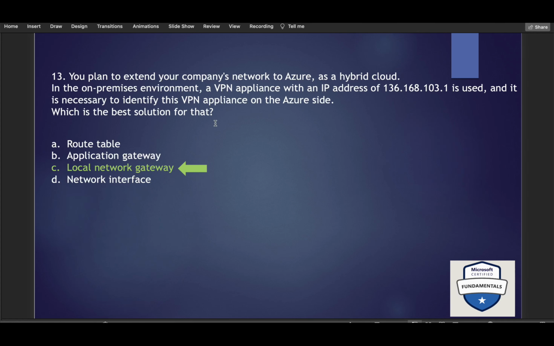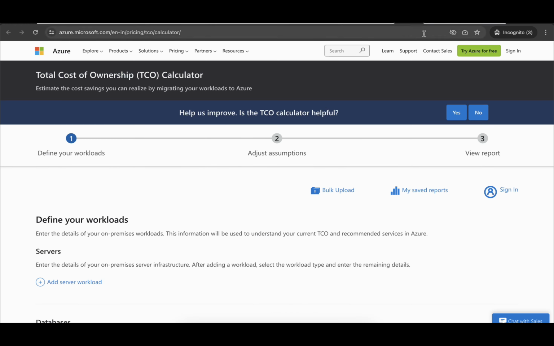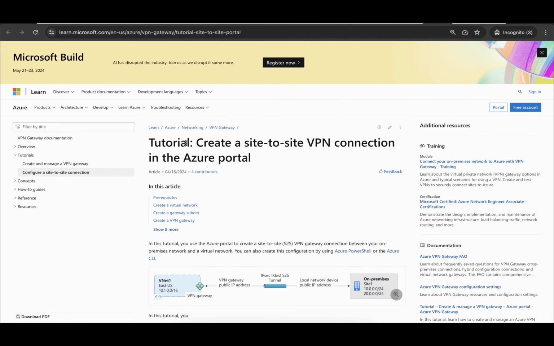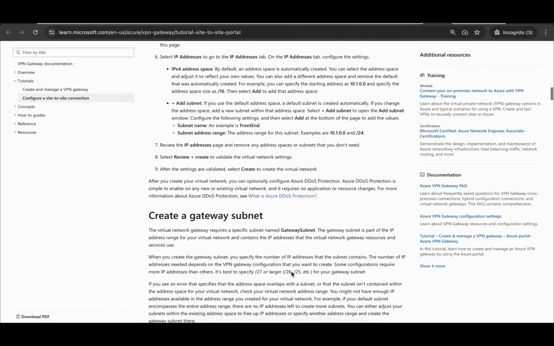A local network gateway can be used to specify the IP address of the VPN device for your virtual network, and this allows Azure to identify the VPN appliance using the IP address 136.168.103.1. If you want to study more on this, come here: tutorial, create a site-to-site VPN connection in the Azure portal, and here you can read more.